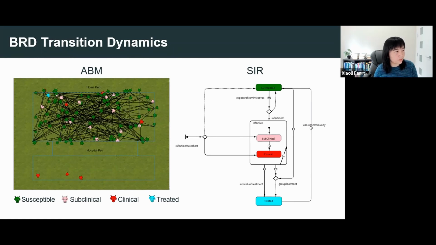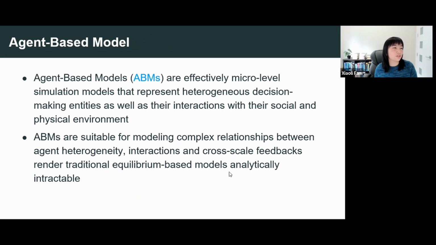There is a lot to be considered, and I don't think we can use what you mentioned, a random Brownian motion. It's really difficult to have what I call an equilibrium-based model, and you cannot solve the model analytically.